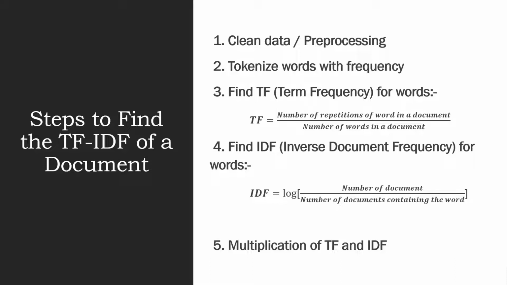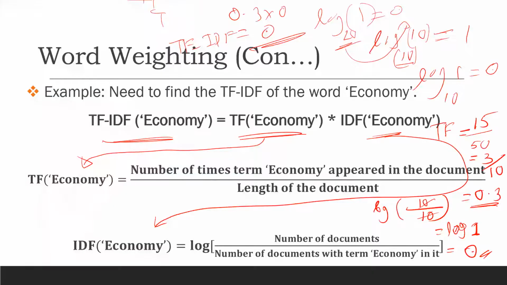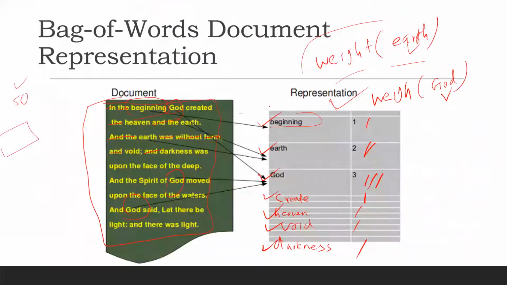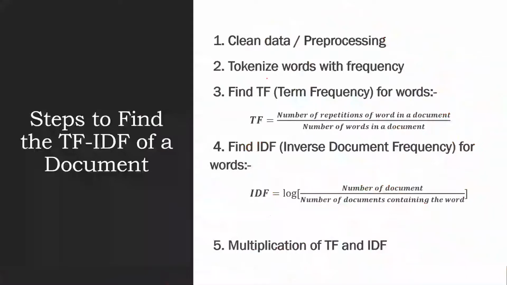That is the first requirement. After cleaning the paragraph, we need to tokenize the words with frequencies. Tokenizing the words with frequency means the bag of words table. That is, how many times each word occurs in the document. That is called tokenization.